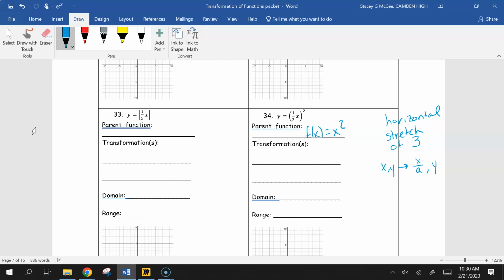All right. So instead of dividing, it's the same thing though, right? So 0, 0, of course, stays 0, 0. 1, 1, if I do 1 divided by 1/3, that's the same thing as 1 times 3, which is just 3, and the y stays the same.